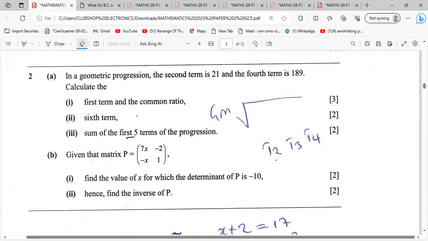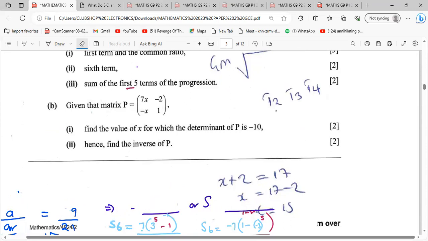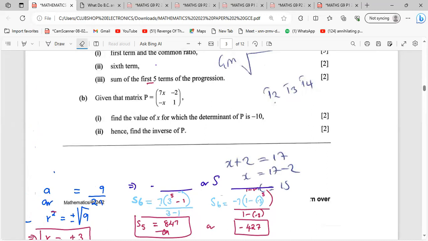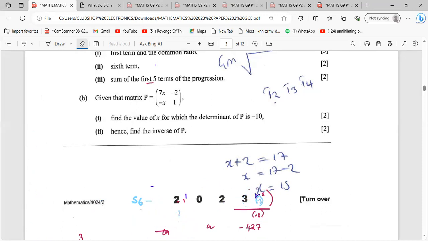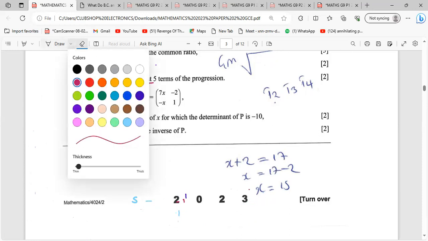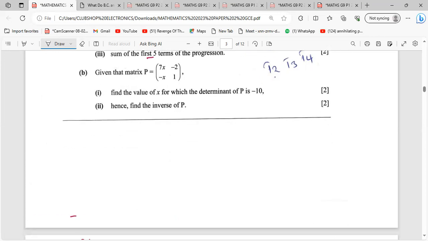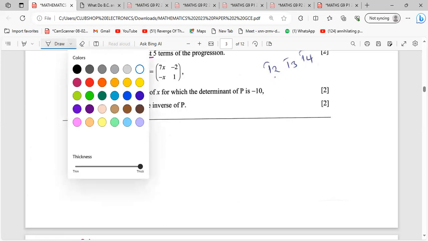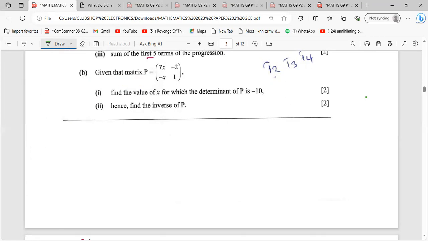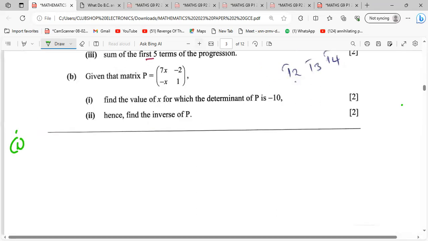Okay, so we go to B. We have that our matrix P is equal to 7x, negative x, negative 2, 1.